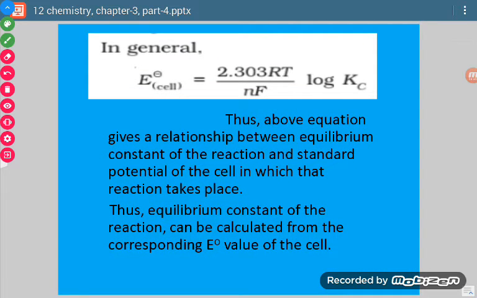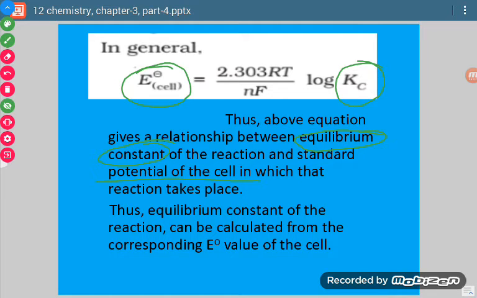Okay, now let us revise this again. In general, E naught cell is equal to 2.303 RT over NF log of Kc. So this equation gives the relationship between equilibrium constant of the reaction and standard potential of the cell. Standard potential of the cell is this, and this is equilibrium constant.